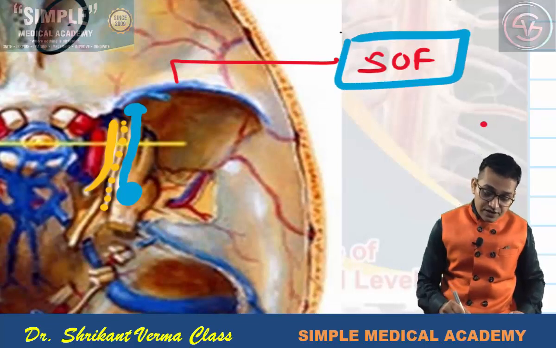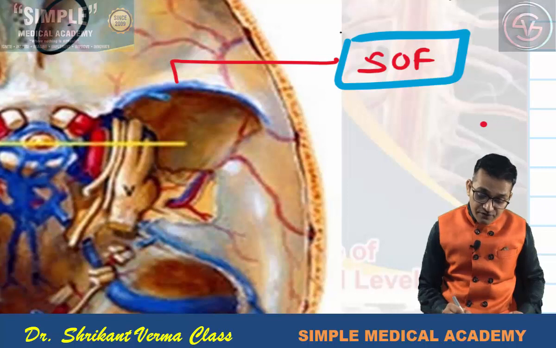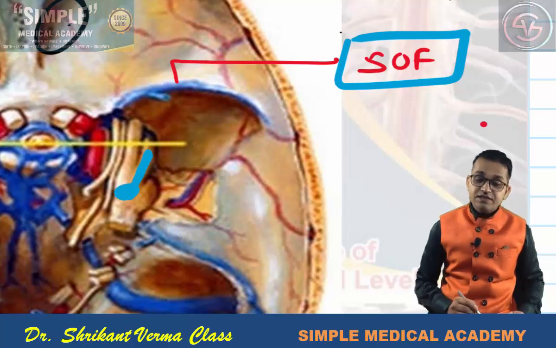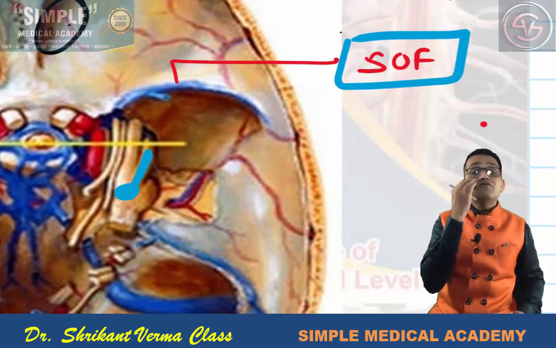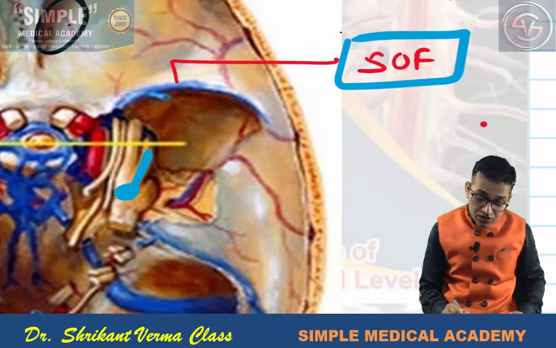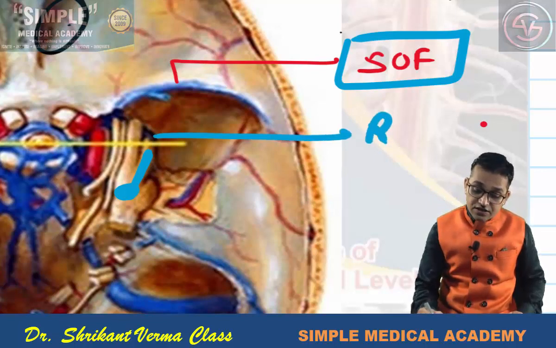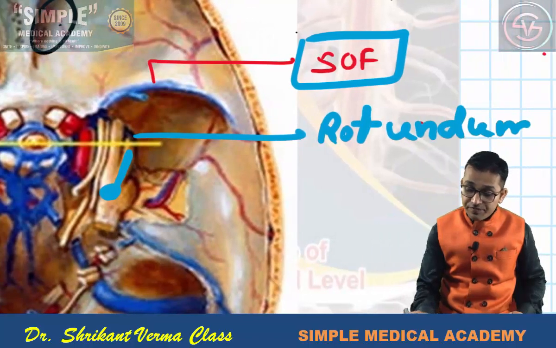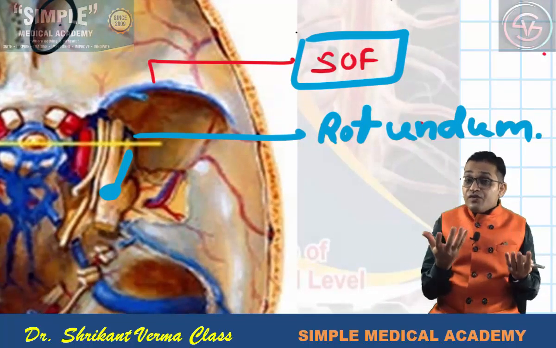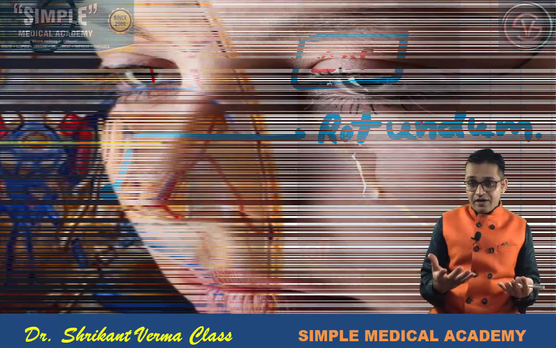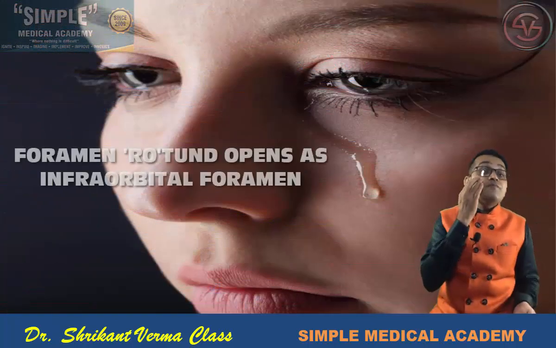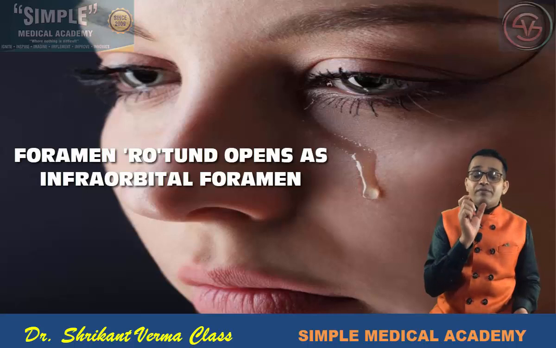Now can you see the next division of the fifth cranial nerve, that is V2, the maxillary nerve? It has to open in the infraorbital region, so it is passing through this particular foramen which is known as the foramen rotundum. How can you remember? Where do we weep? Yes, we weep in the maxillary region, so you can remember rotundum, rona.